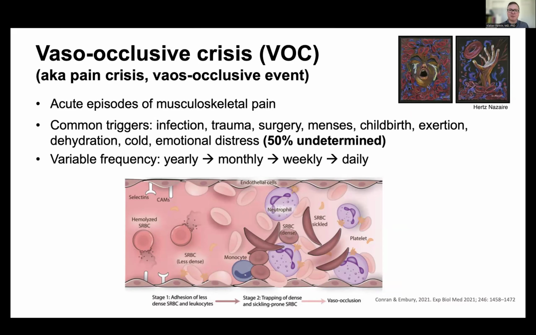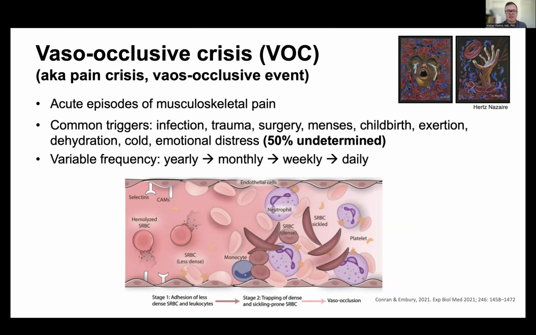These are acute episodes of musculoskeletal pain, and there's a variety of triggers: infection, trauma, surgery, menstrual periods. These are all very well known, as well as dehydration, exertion, cold exposure, even emotional distress. But 50% of the time, we really can't tell what triggered the crisis.